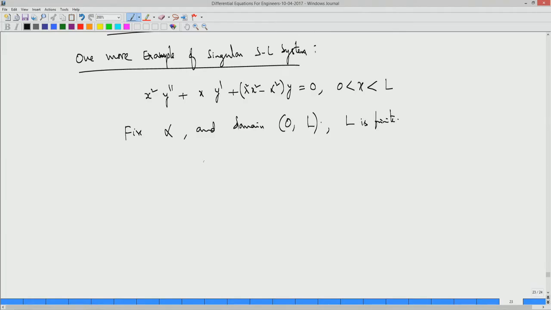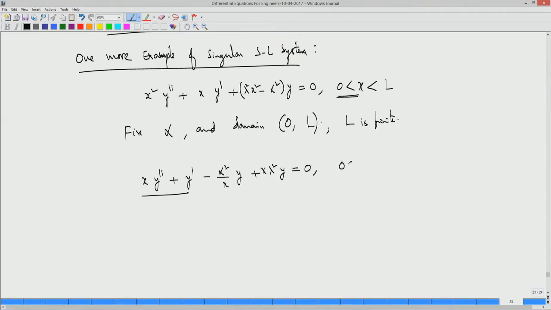I divide by x, because x is anyway greater than 0, so I can divide. I rewrite x y double dash plus y dash, cancelling one x on both sides, so these two terms can be put in self adjoint form, minus alpha square by x into y, that is your q y, plus lambda square x y equal to 0.